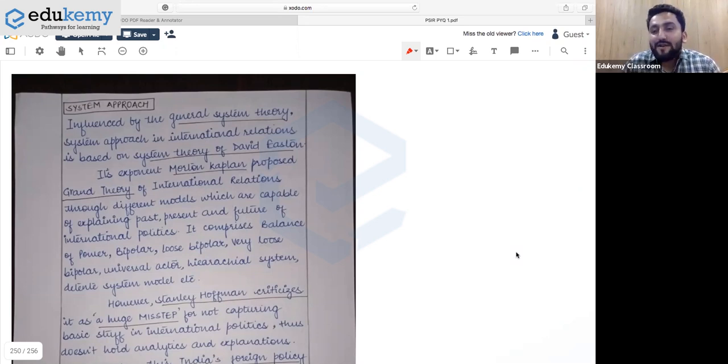Coming to the point, when we say general system theory in political theory, in PSIR Optional, political science as a discipline, this whole idea is based on an effort of saying that or establishing that theory in political science are structured like we have systems in other disciplines.